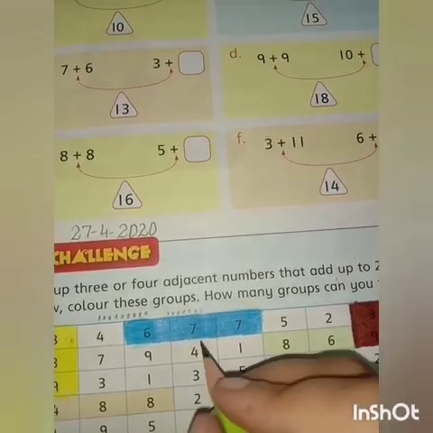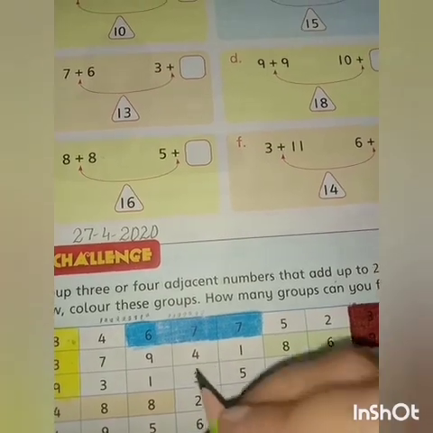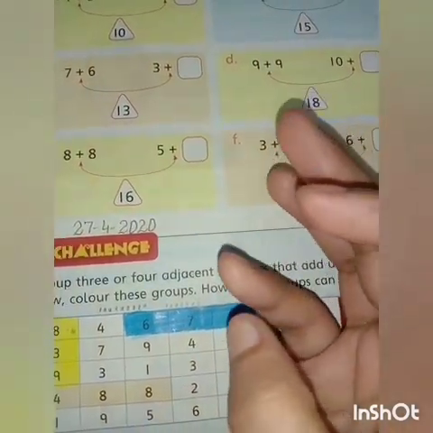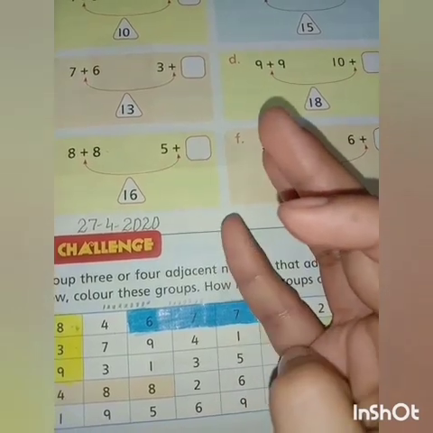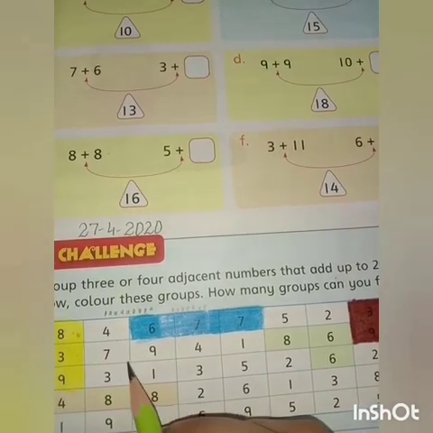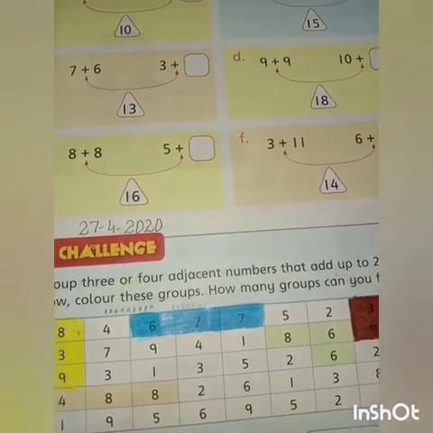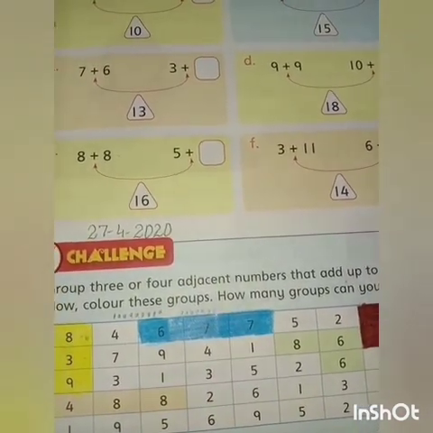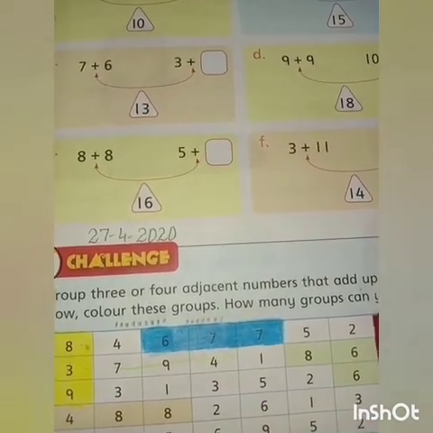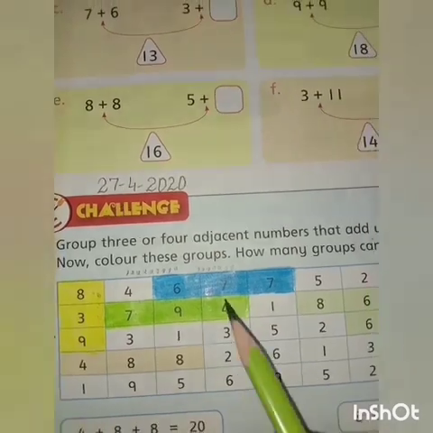When we add 16 and 4, the answer is 20. 17, 18, 19, 20. We got our answer 20. This is our group of 20. We have to color it. Students, start coloring like this.